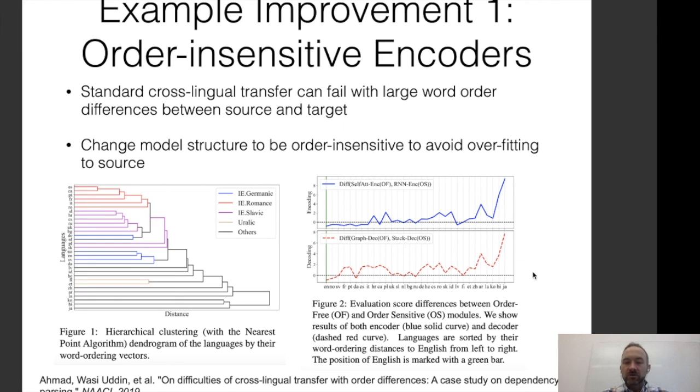However, if you're transferring to very different languages, for example from English to Japanese instead of English to Norwegian, the order-insensitive models do much, much better because the underlying word order of the language you're transferring to is very, very different.